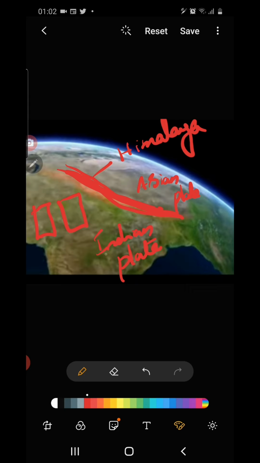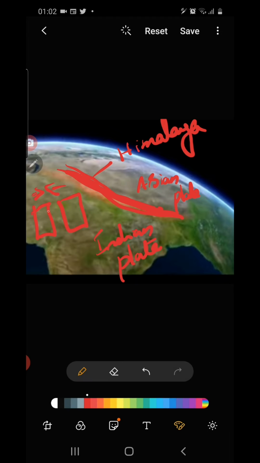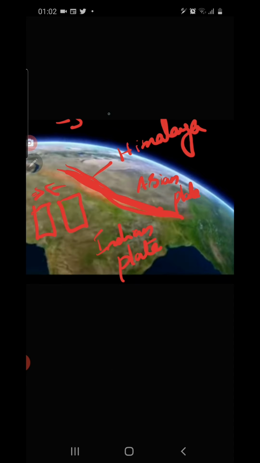So how did it happen? They move towards the same direction. Here you see this has happened. So the Indian plate moved towards the north and came and collided. Once they moved towards the same direction, what happened? When this kind of movement takes place, there takes place a collision, isn't it? They collide.